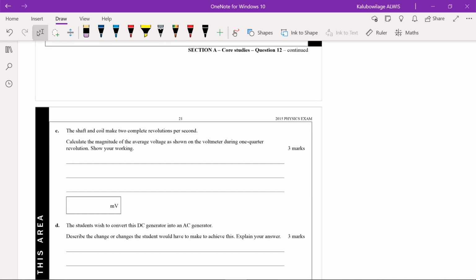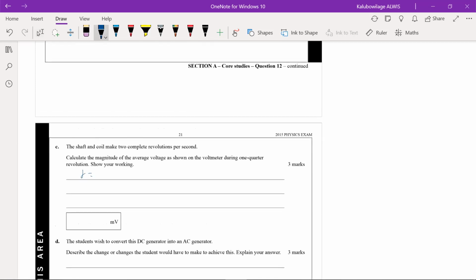Calculate the average voltage. So for a quarter revolution, T comes to 0.125 seconds. You just use 2 complete revolutions per second, divide it down to 0.125 seconds.